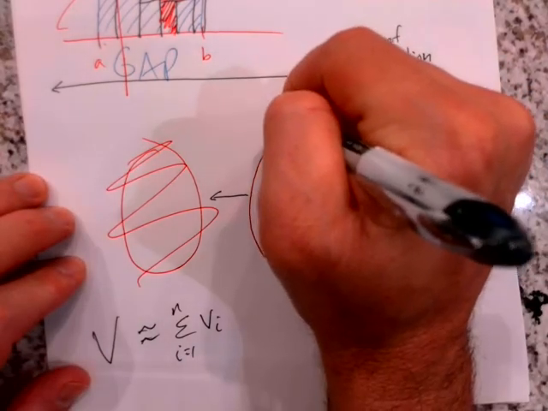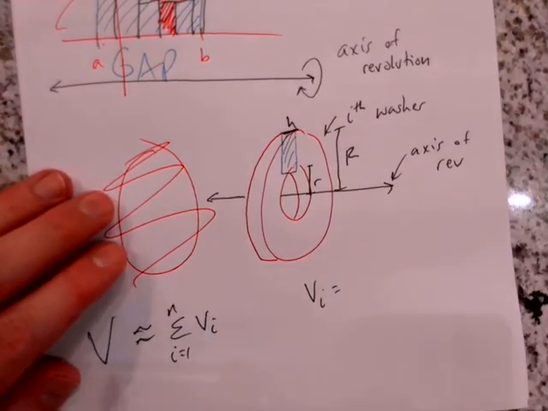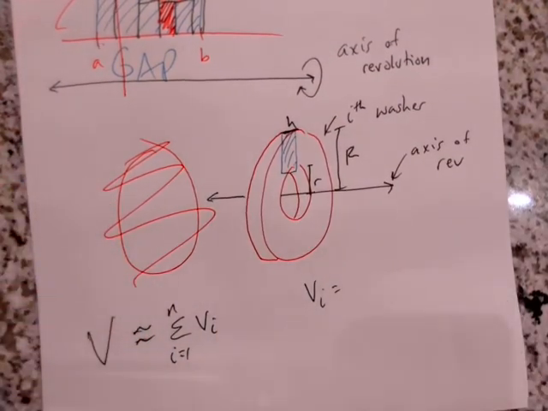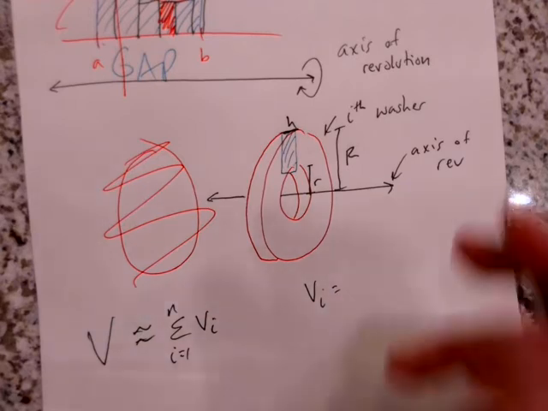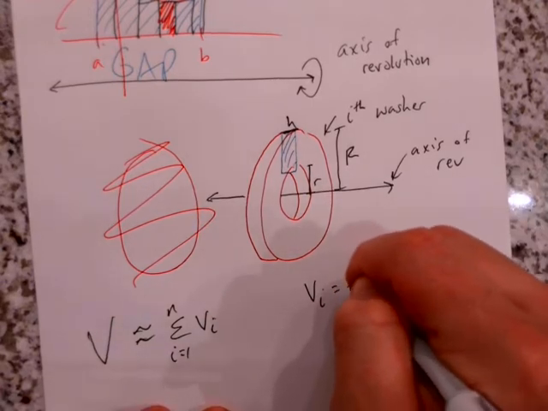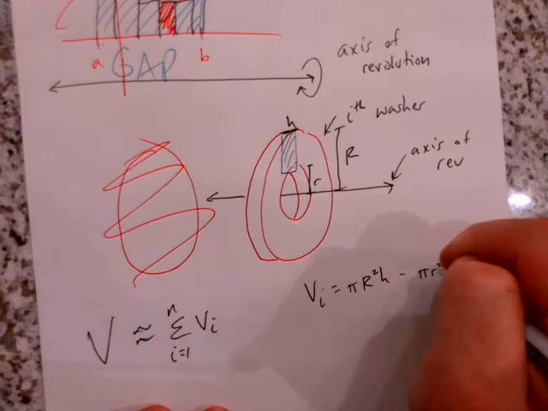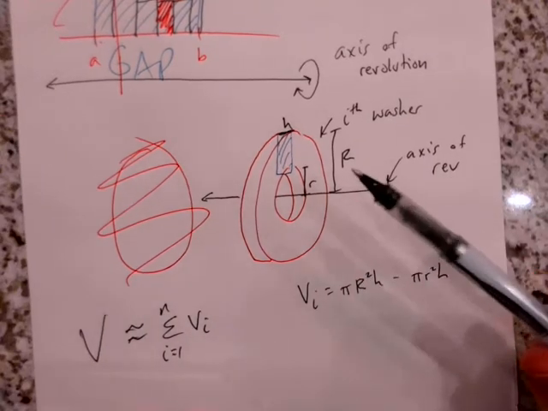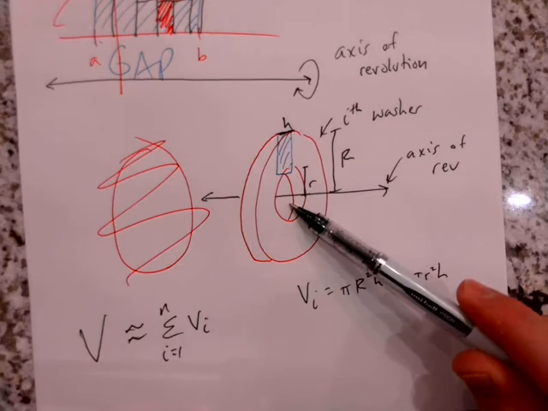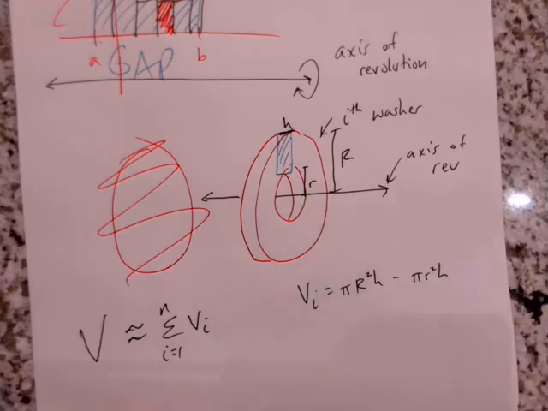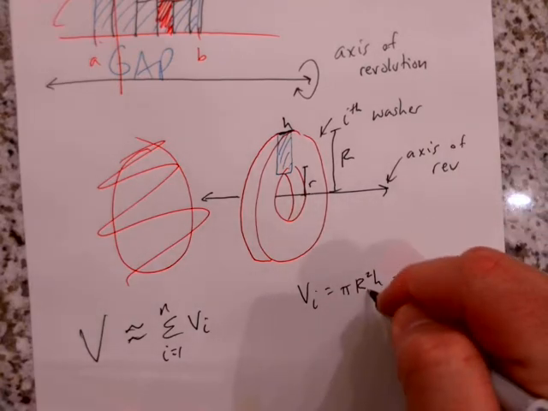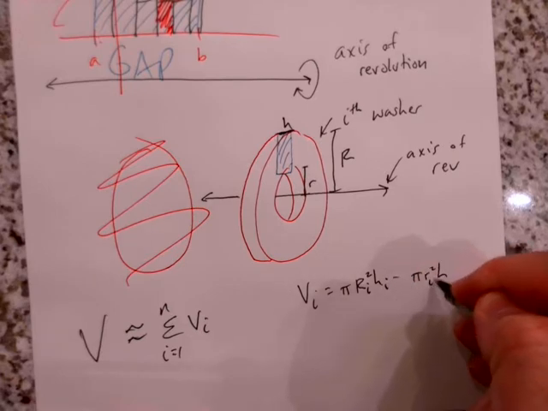And then height is that distance right there, because this is a cylinder on its side. And so the volume of the washer is pi big R squared h minus pi small r squared h. The volume of the big cylinder, take away the volume of the hole, which is also a cylinder. Right, where this is the ith radius and all that fun stuff.